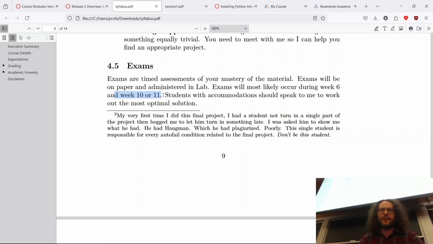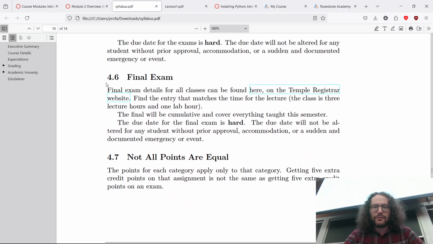So if you are fasting and you have a lab in the afternoon, that may not be the most optimal time for you to take the exam because it's hard to test properly when you're fasting. So if you need an accommodation around that, like to take it earlier in the day or later in the day, we can work that out. Okay? Because it's rough, and I want an accurate assessment of what you know.